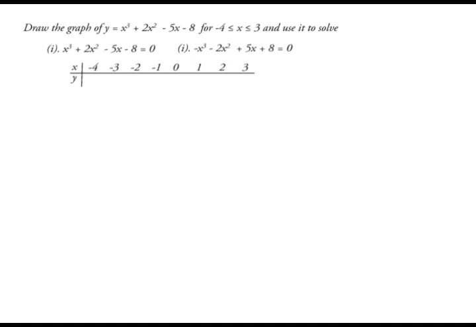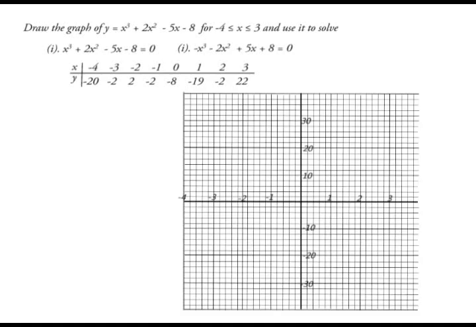We substitute in the equation and calculate the corresponding values of y. So we get -20, -2, 2, -2, -8, -10, -2, and then 22. We plot those points, and when we join them, this is the graph.